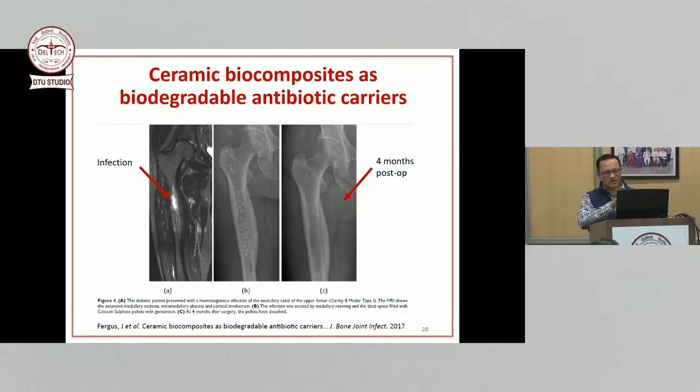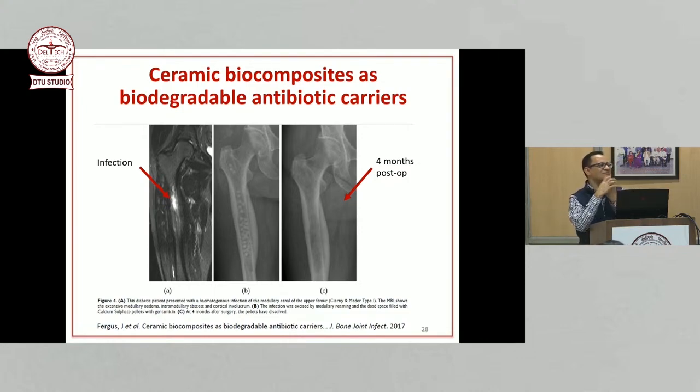So a little bit off topic, we will talk about it later, but sometimes the problem is even if you make an antimicrobial material that's not biodegradable, it still won't release all that antimicrobial drug that's there. You know, it has the drug, but it might only release 10% or 20% or 50%.